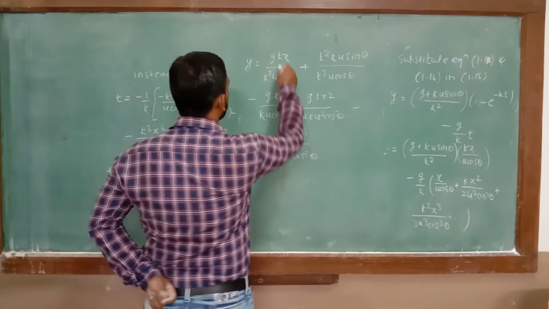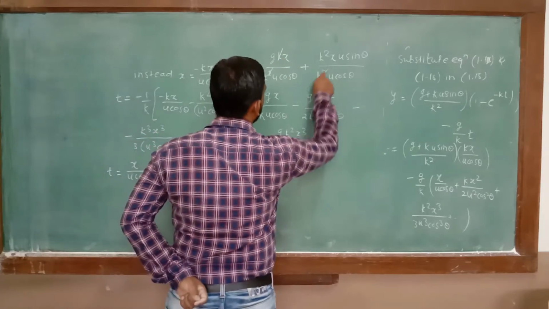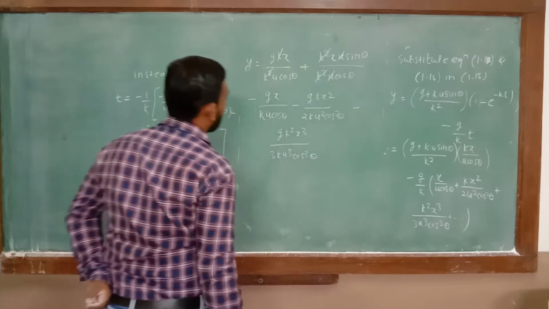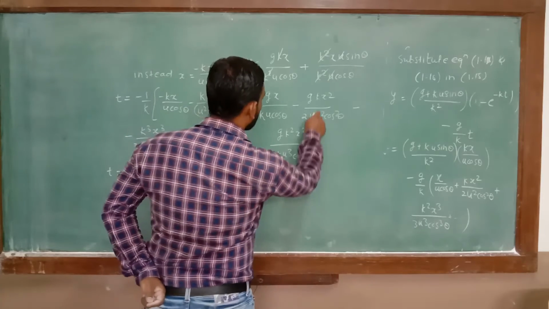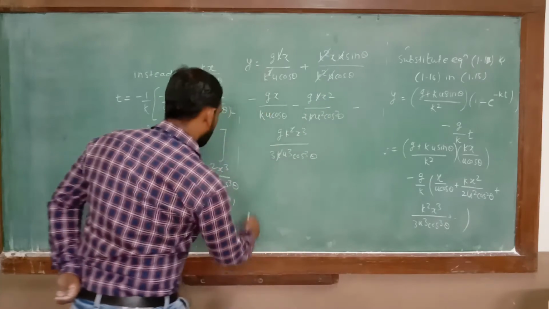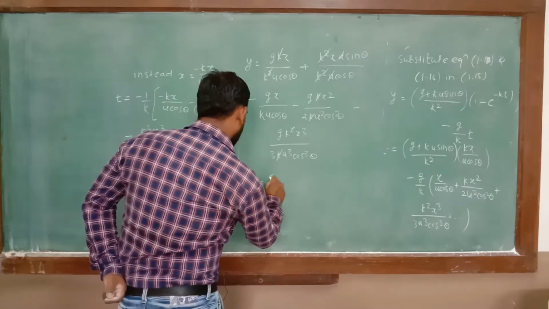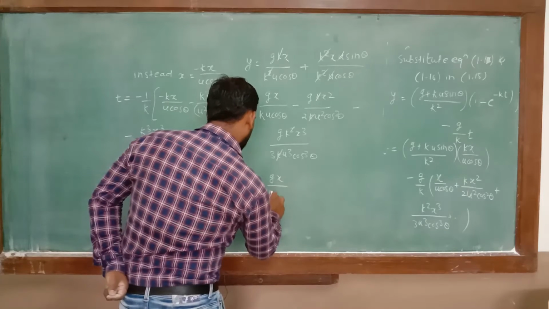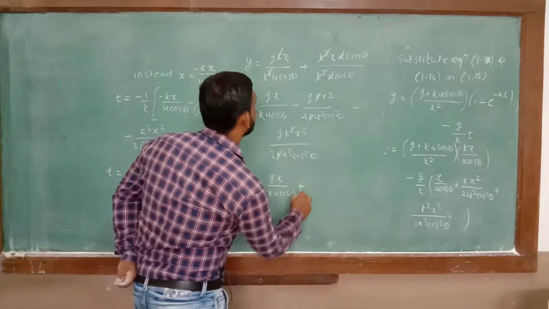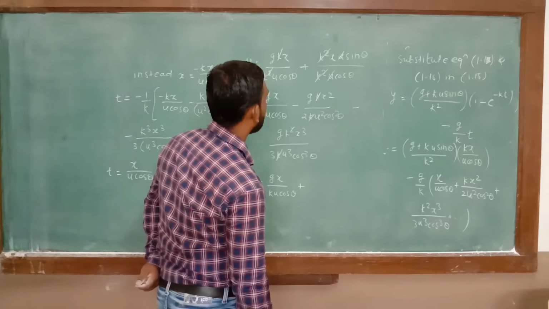So look at what the values are. Cancel out this k, 1k goes away, so this k square cancels out, this u again cancels out, again this 1k goes away, this 1k goes away. So what are the remaining terms? So y is equal to gx upon ku cos theta plus x sin theta upon cos theta.